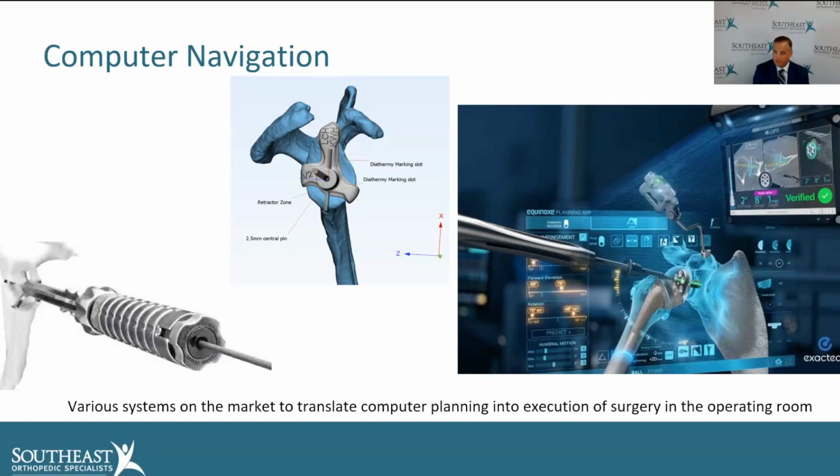There's plastic 3D printed guides that accomplish the same thing. And then there's even complete navigation using sensors that are placed on the patient, allowing the screws to be navigated actually during the surgery.